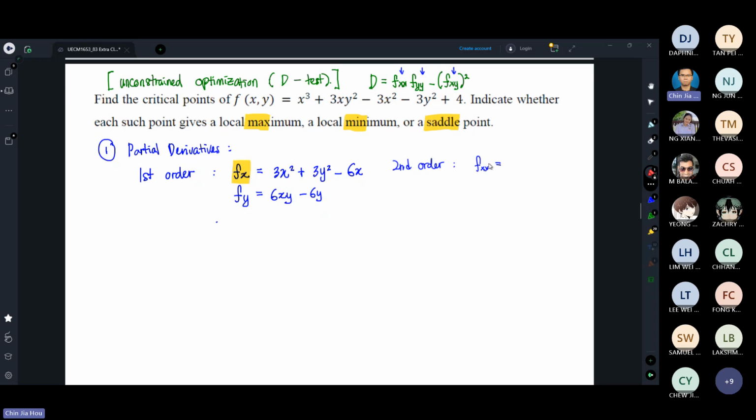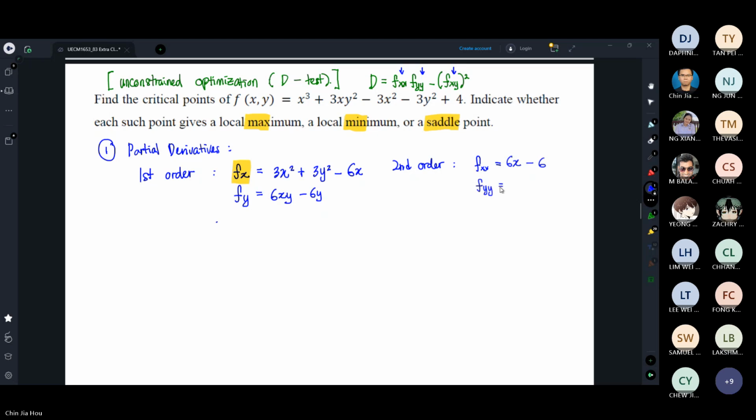You differentiate with respect to x. You get 6x. The second term doesn't have any x, 0. Third one, we have 6x. Differentiate it, we get 6.